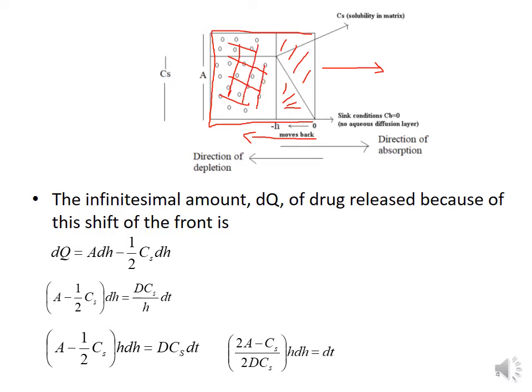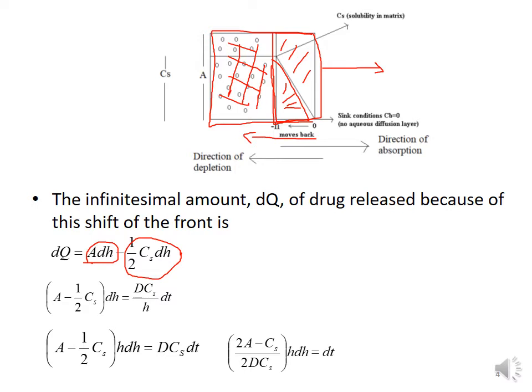The infinitesimal amount dQ of drug released because of this shift of the front is dQ equals A dh minus half Cs dh. Consider that the amount released depends on the area of the rectangle minus the area of the triangle. Therefore, A dh reflects the rectangle, and half Cs multiplied by dh reflects the area of the triangle.